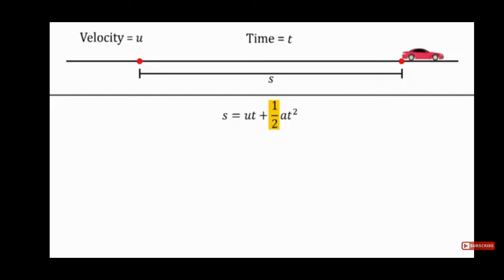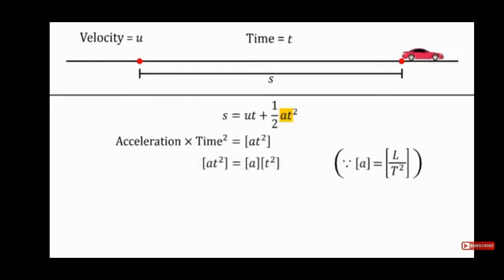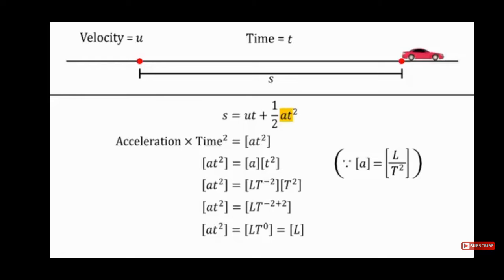Half is a constant and thus does not have any dimensions. In the second term, it is the product of acceleration and time square. The dimensions of a are Lt power minus 2 and that of t are t. Thus, the dimensions of at square are as shown.